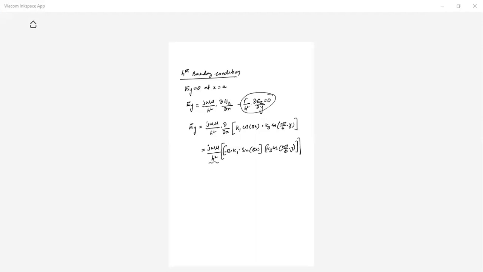Right? So this is a non-zero value, this is also non-zero, this is also non-zero. That means this should be 0.